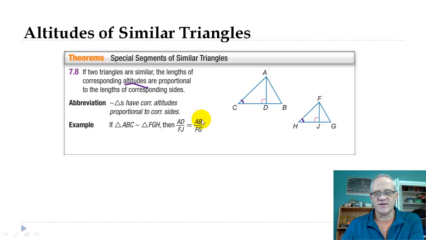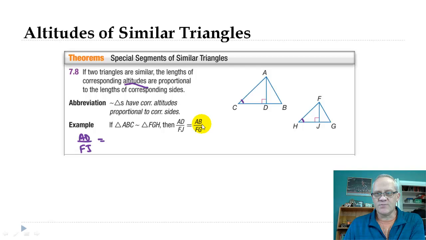So that means AD over FJ, and I'm going to write it out again just to emphasize it, AD over FJ has to equal the ratio of every other side.